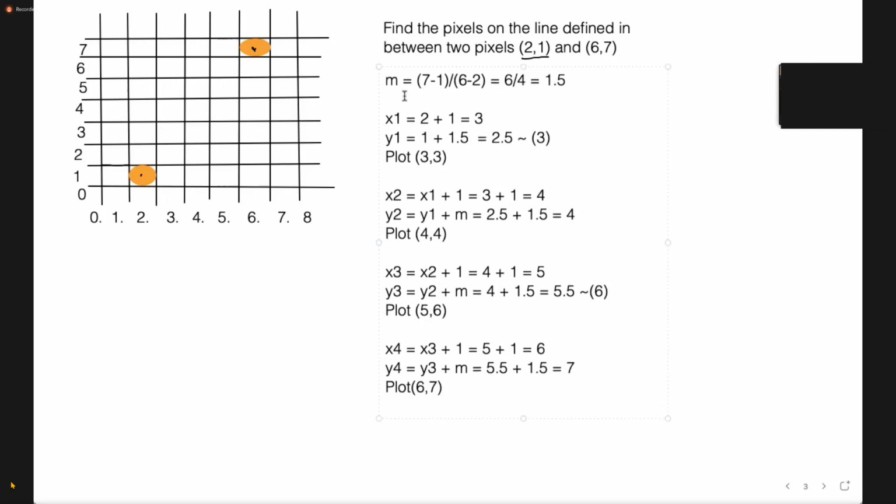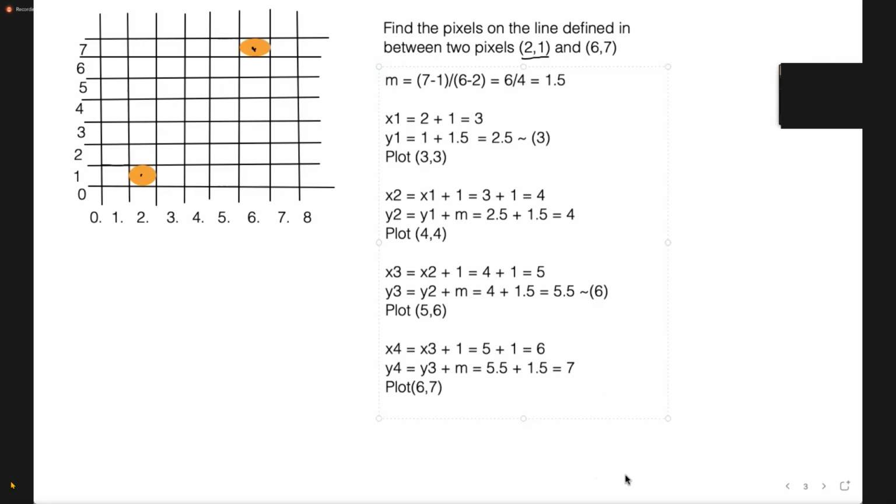Now, what I am going to do is, rather than taking the m, I am going to take 1 over m. Now, how can I calculate that one?